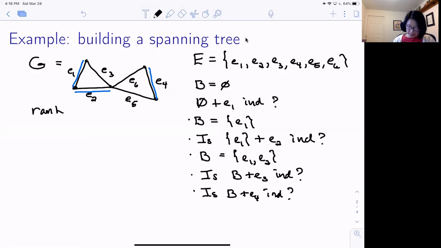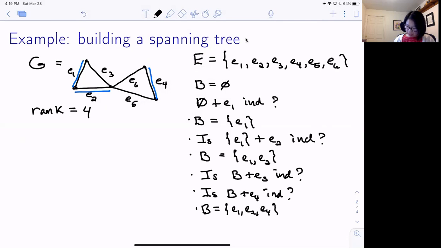Since G is a connected graph, a spanning tree for G is going to have one fewer edge than the number of vertices, and there are 1, 2, 3, 4, 5 vertices. So I should be looking for 4 edges. Okay, so now I have B equal to E1, E2, E4.